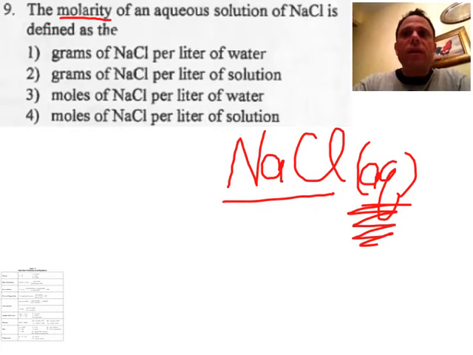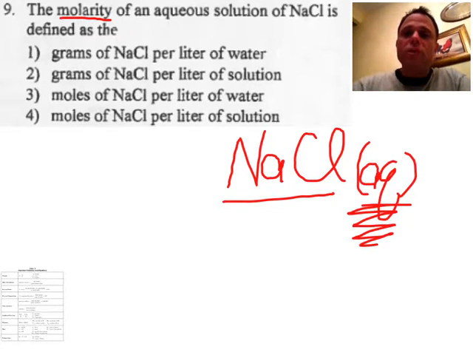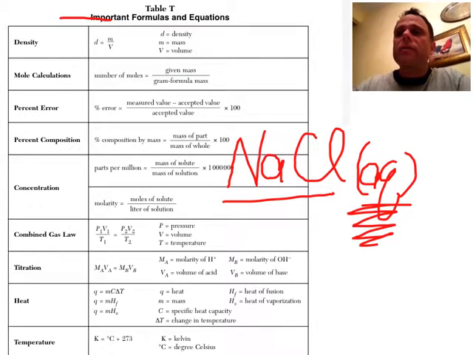So molarity is talking about a concentration. If we were to inspect our reference table, table T, we would see one of our options for concentration is molarity, and it is defined as the moles of solute over liters of the entire solution. The solution is with the solutes and the solvent together.